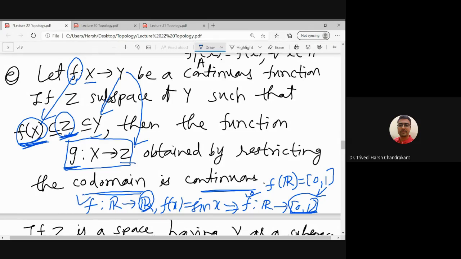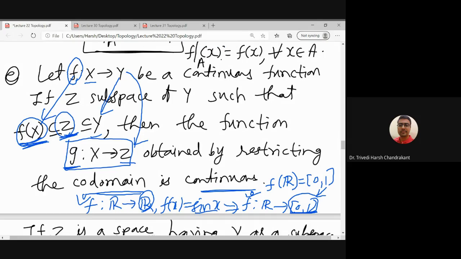Here sin x is continuous, so this new function we can call g, and g is defined as g(x) equal to f(x) only. So g is the same function, only instead of the whole codomain R, we are considering the range. Then g is also a continuous function. So that is this result.